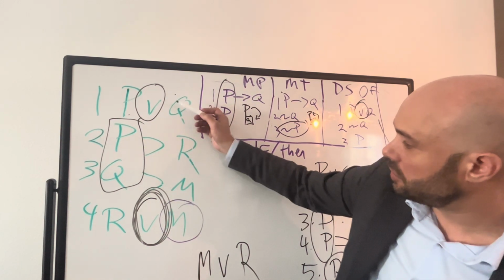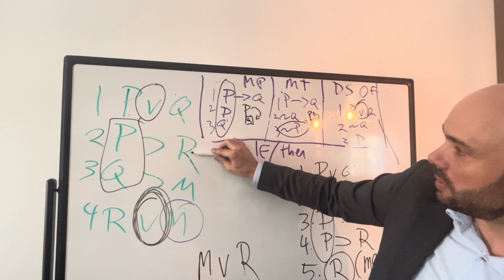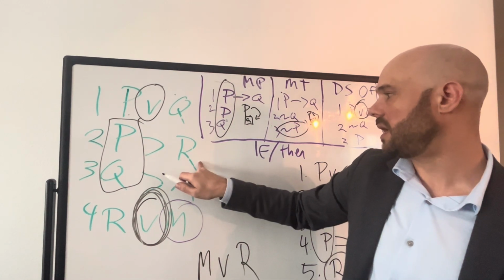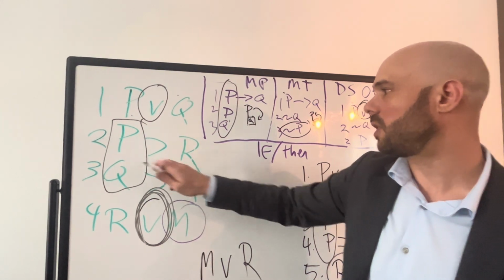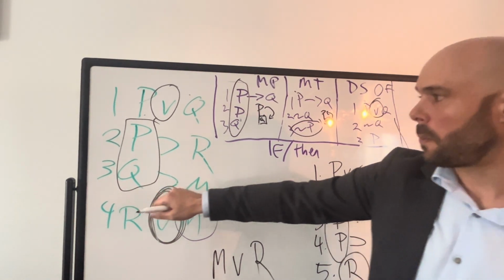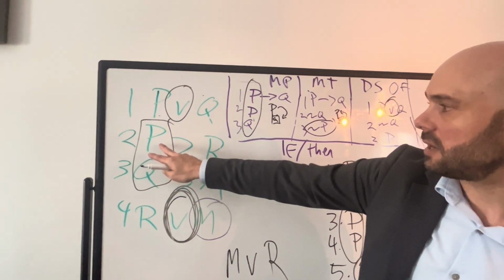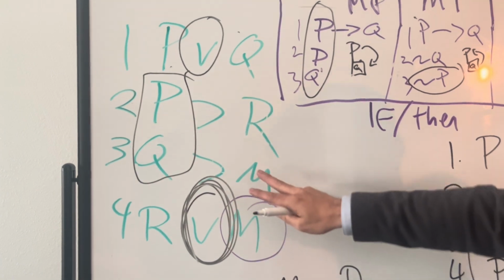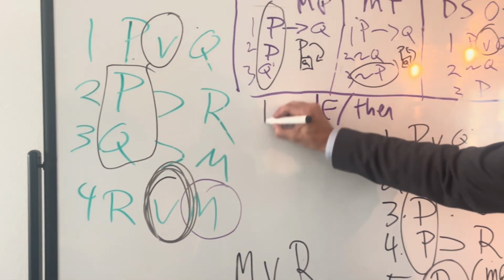Then we can conclude that either R will happen or M will happen, because R rather is a requirement for P, and M is a requirement for Q. P is good enough to guarantee the existence of R, and Q is good enough to guarantee the existence of M. Remember.